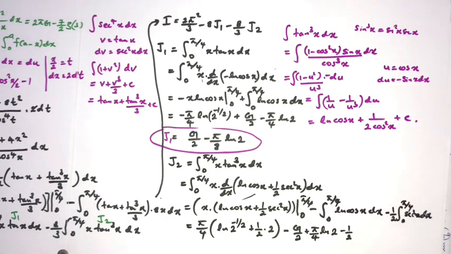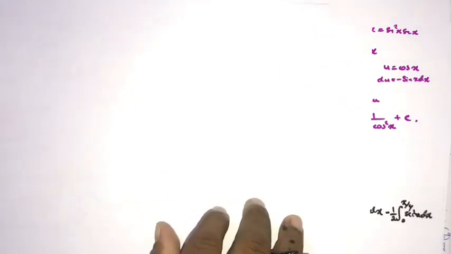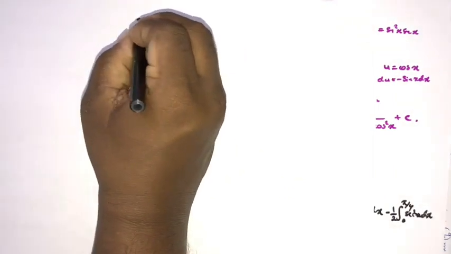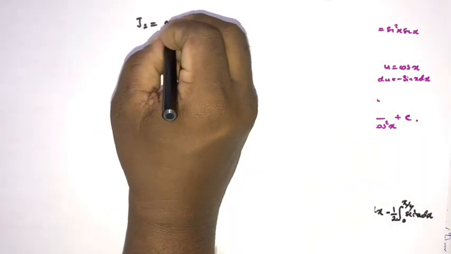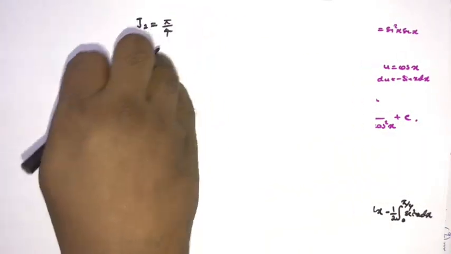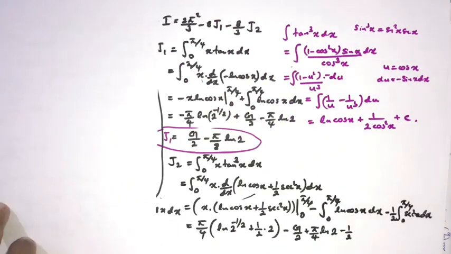So now we have J2 equal to pi over 4 times natural log of 2 to the minus 1/2, so pi over 8 minus pi over 8 natural log of 2, and here the 2s get cancelled and we have pi over 4.